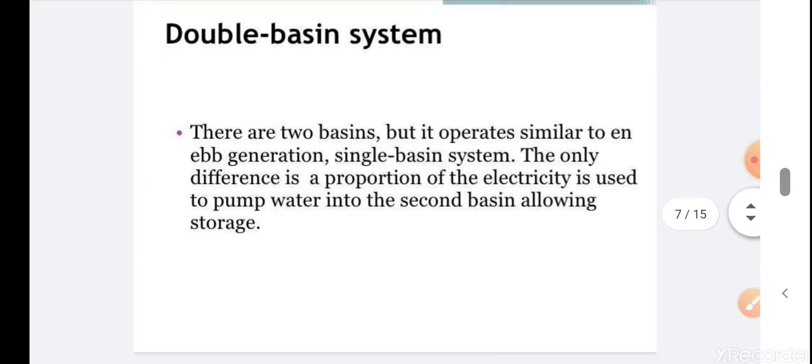Now if we talk about the double basin system, in this there are two basins, but it operates similar to an ebb generation single basin system.